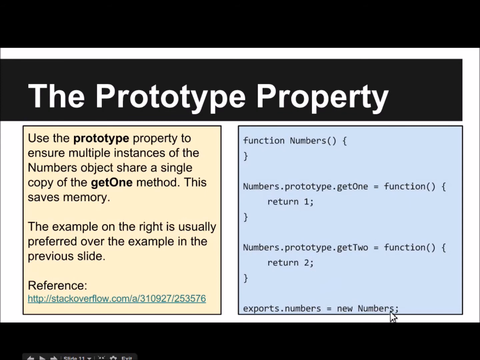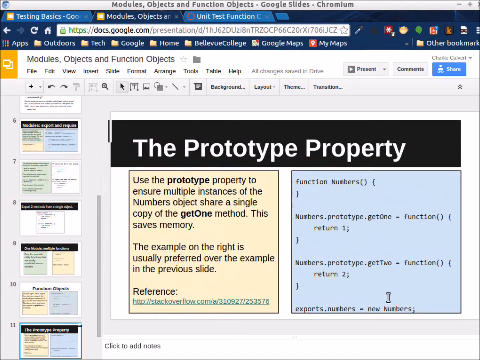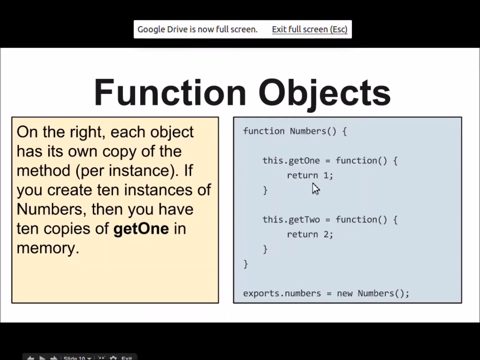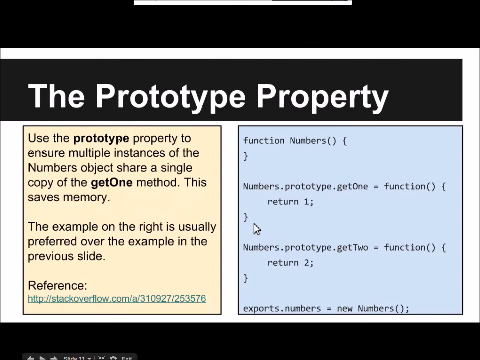Here I've got my semicolon, but I don't have my open parens, close parens. Forgive me for not getting that right the first time. Okay, so here's where numbers.prototype, we're using the prototype to do it.